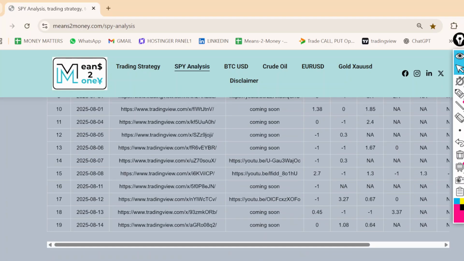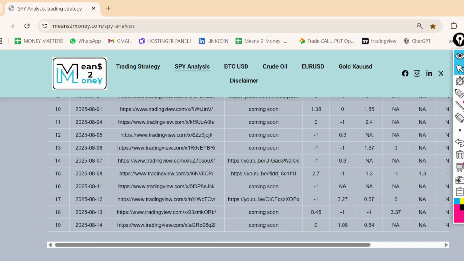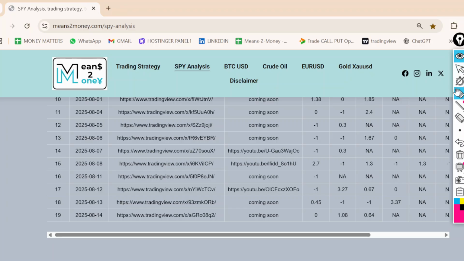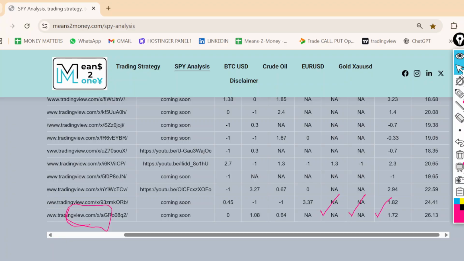Now if you see the last row in this is 14th August 2025, and as we discussed, first trade was a zero risk reward trade, second was 1.08, and third was 0.64, which totaled to around 1.72 risk reward ratio on 14th August.